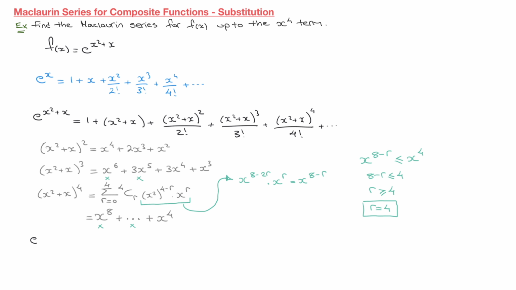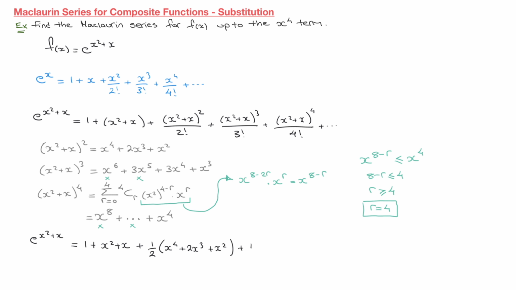And so we get e to the x squared plus x is equal to, again, I'm copying this result up here, and so that will equal 1 plus x squared plus x plus 1 over 2 factorial, which is just 1 over 2, which I'll write at the front here, 1 over 2, times in parentheses the expression we have here, so that's x to the power of 4 plus 2x cubed plus x squared, plus 1 over 3 factorial, which is 1 over 6.